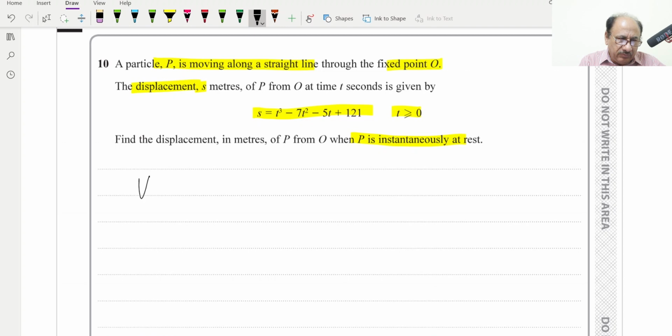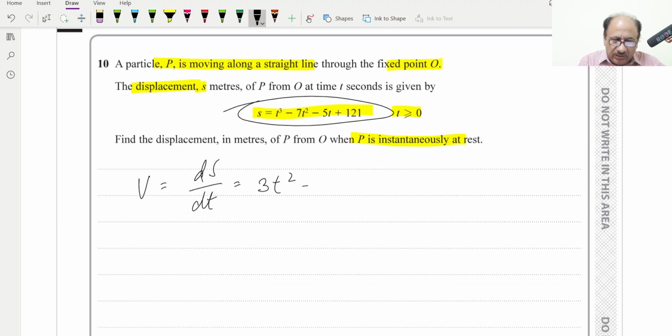So we can find basically the velocity. Velocity will be equal to, we will take the derivative ds over dt, and the derivative of this equation will be 3t squared minus 14t minus 5, and the derivative of the constant will be 0.